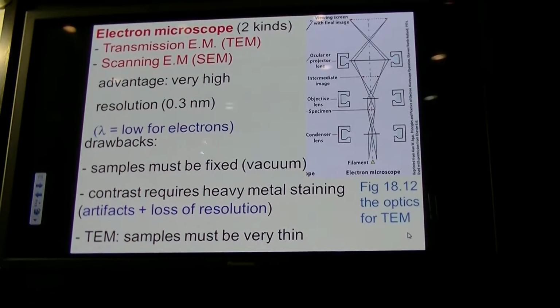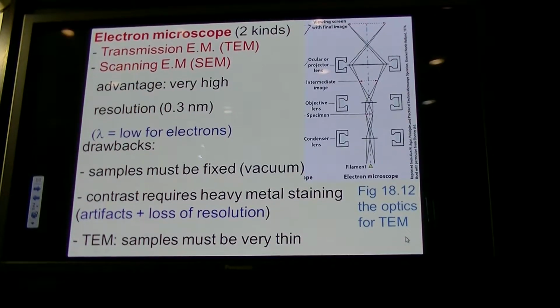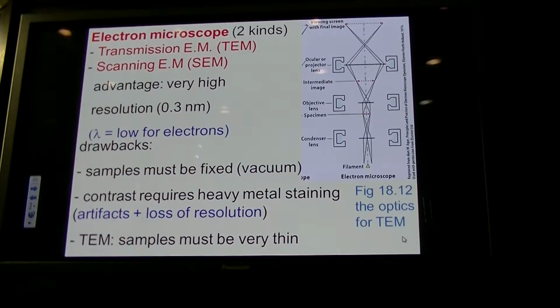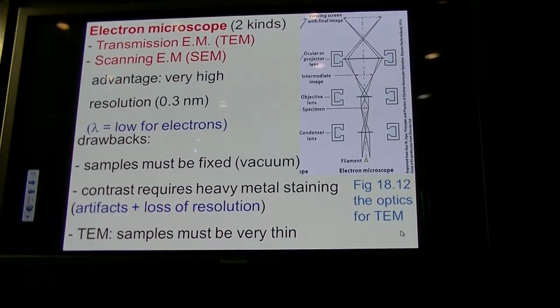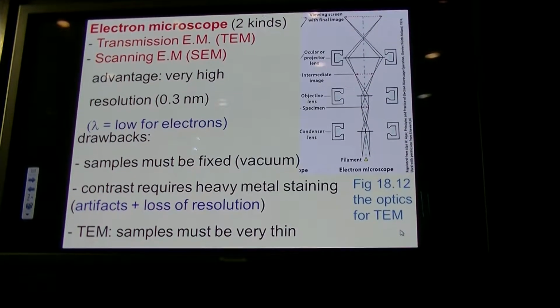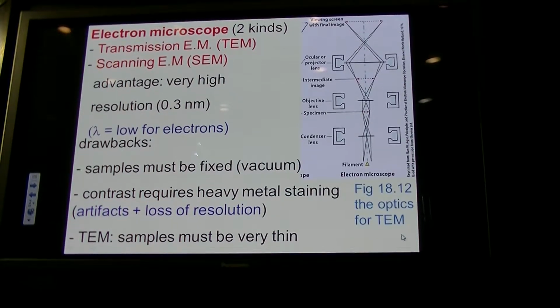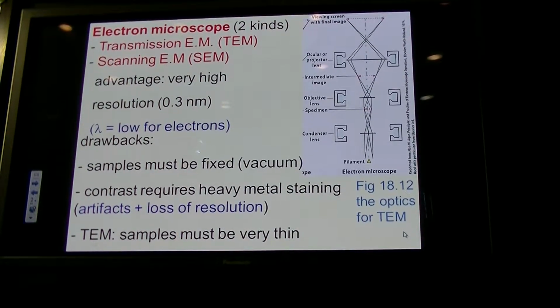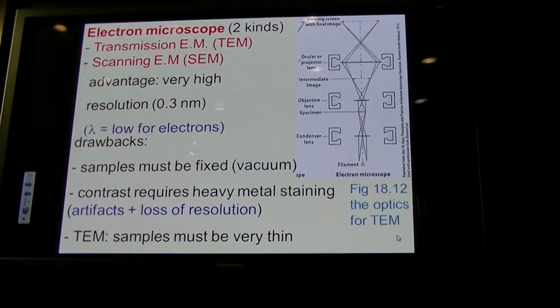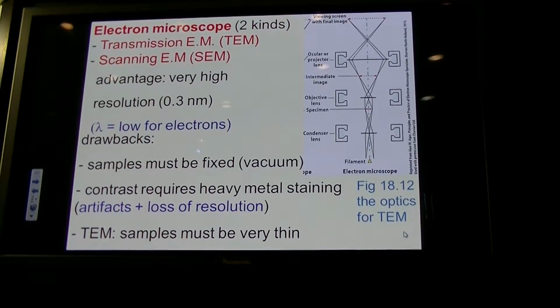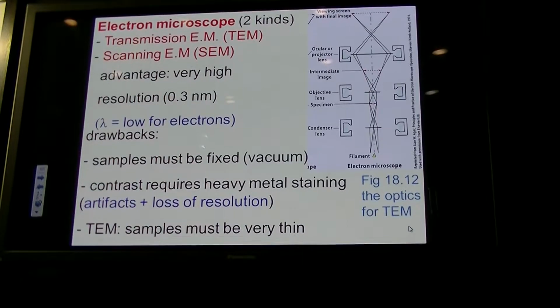And since they behave as waves, with very short wavelengths, we can use magnetic lenses in order to bend and focus these electrons. And so using electrons, we can have very high quality lenses, which is the important good thing about the electron microscope.